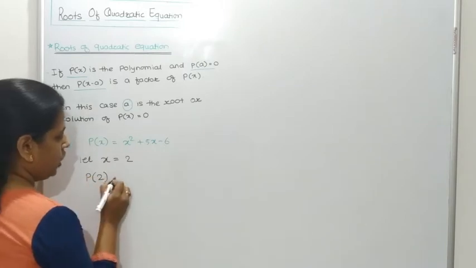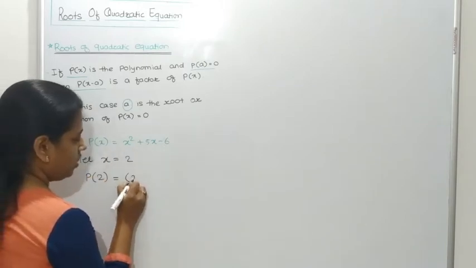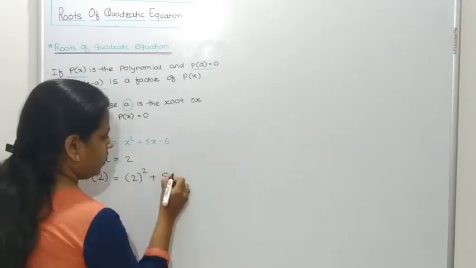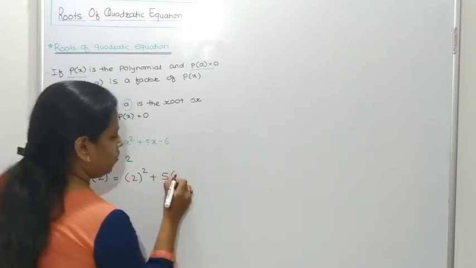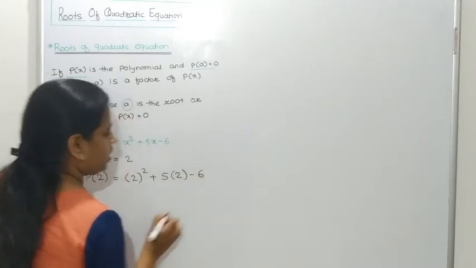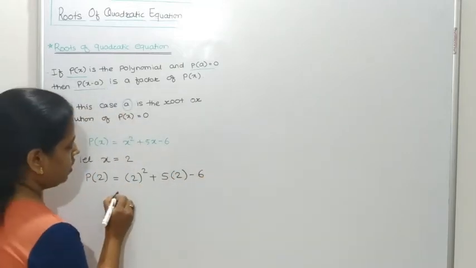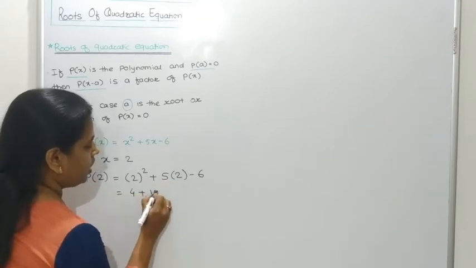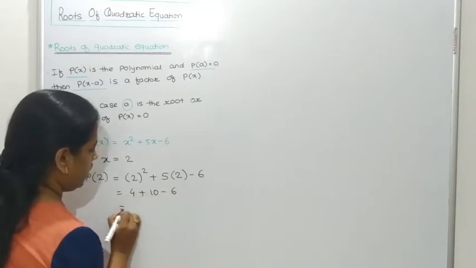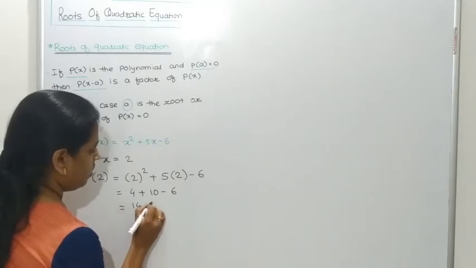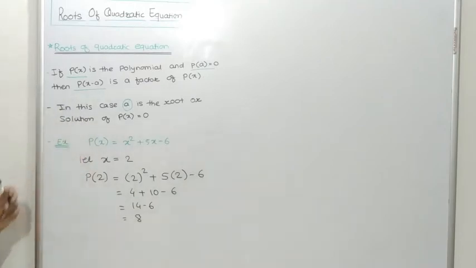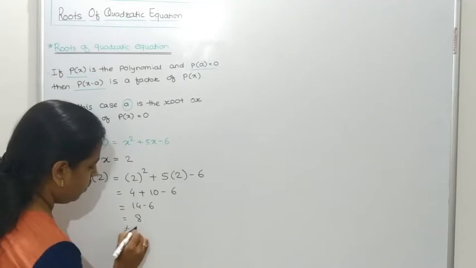So p of 2 is equal to 2 square plus 5 into 2 minus 6. 2 square is 4, plus 5 into 2 is 10, minus 6. Then 14 minus 6, and the result here is 8. Is 8 equal to 0? No, it is not equal to 0.